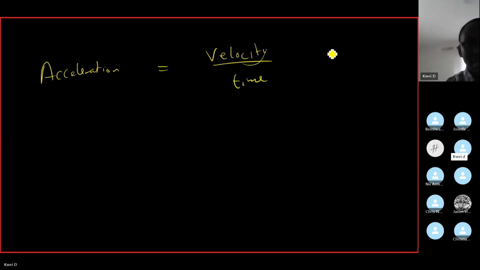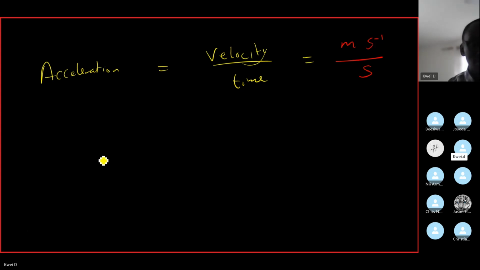And velocity we know is measured in meter per second, and time is measured in seconds. So if you do the maths, you get meter per second squared. In the sense that this is the same as writing it raised to the power minus 1. So you can rewrite this like that.